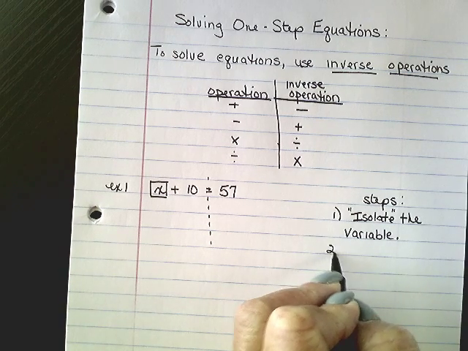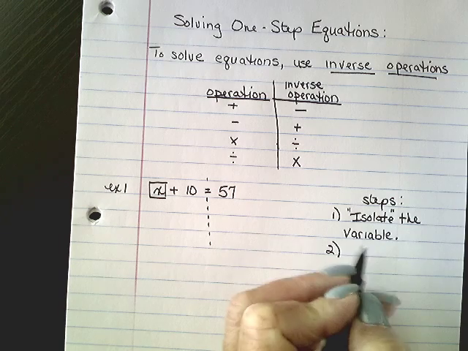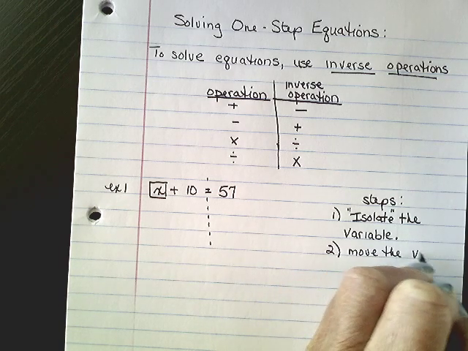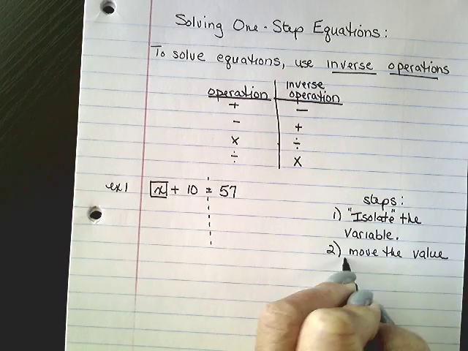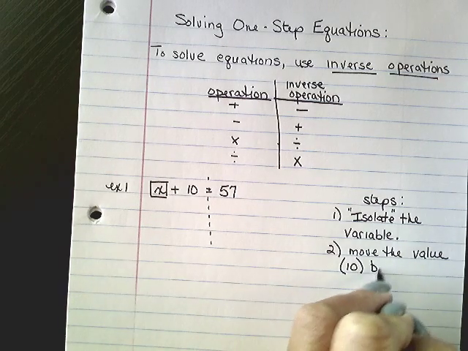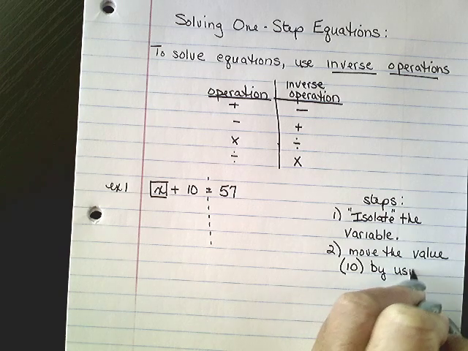So step 2 is to move the value, and in this case the value is 10, by using the inverse operation.